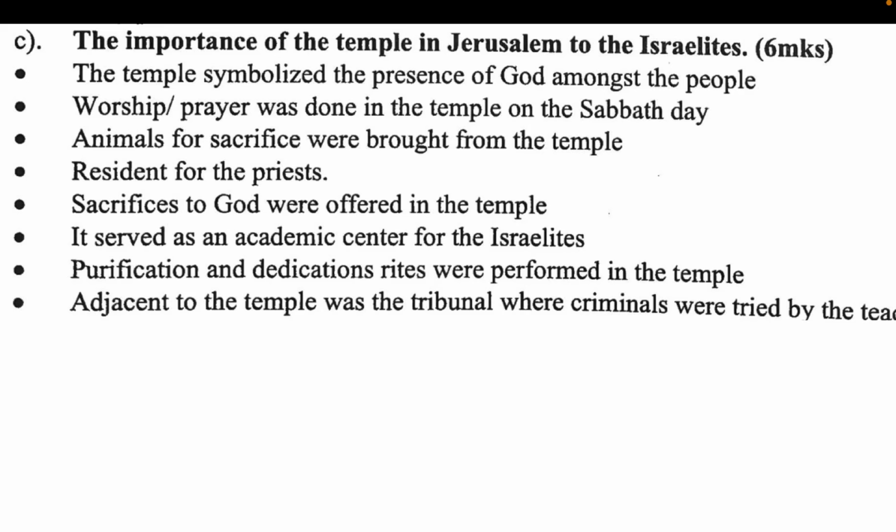Animals for sacrifices were bought from the temple. It was a residence for the priests, so that means that they were living there. Sacrifices to God were offered in the temple.